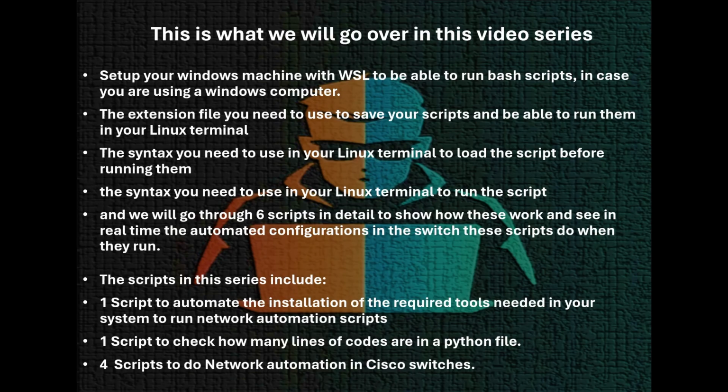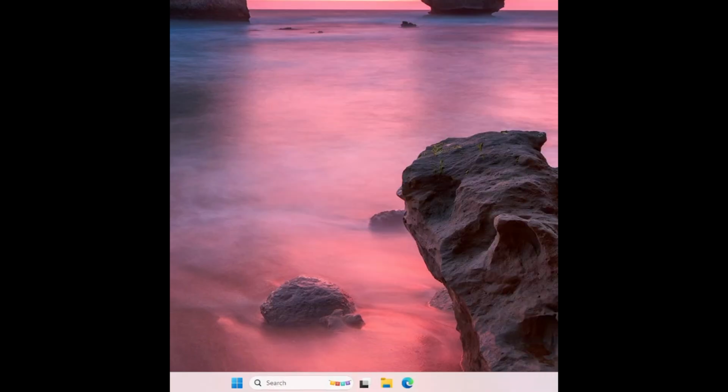The second script is going to be the one we're going to use to check how many lines of code are in a Python file. And the third, fourth, fifth, and sixth script that we're going to go over is going to be for network automation on Cisco switches. I'm going to go over the process on how to install WSL on your Windows system.